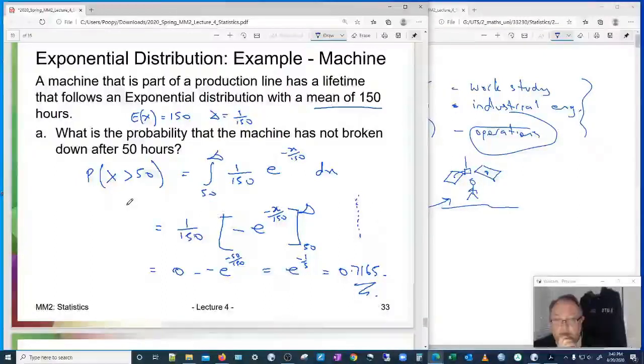What's the probability of it going past 50? That's the same language as saying that the machine's not broken down after 50 hours, because it doesn't specify how much after 50. 51? 50,000? It doesn't specify. So we just integrate over that longer period of time, and the probability will give us an accurate picture regardless of what that next breakdown is. The exponential distribution is independent in that regard.